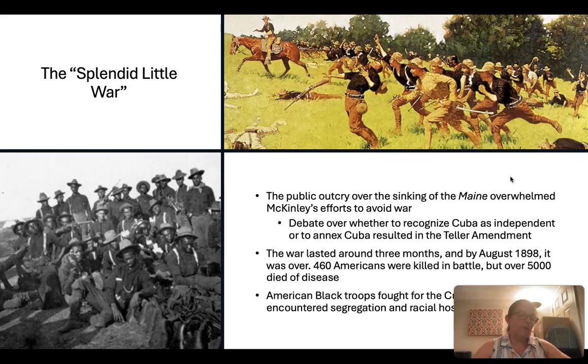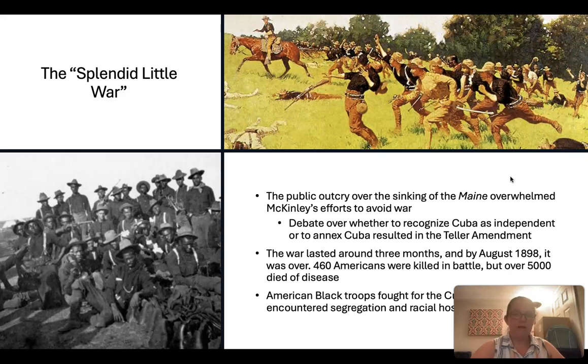The Army, however, was not prepared to actually go to war. On May 1st, Admiral Dewey destroys the Spanish ships in Manila in the Philippines. American troops invade Cuba in June. The Spanish fleet there is destroyed in Santiago Harbor. The Spanish end up surrendering on July 17th.